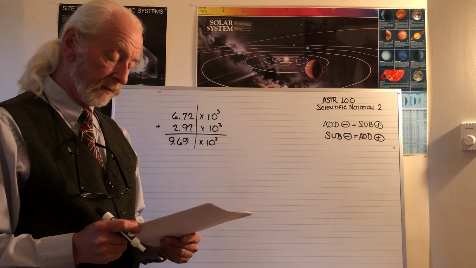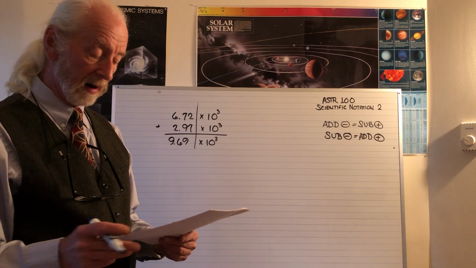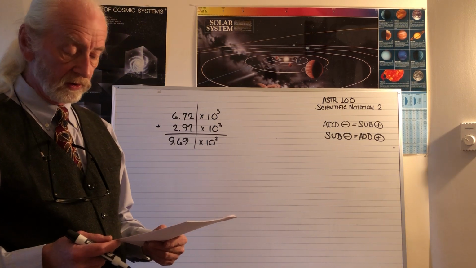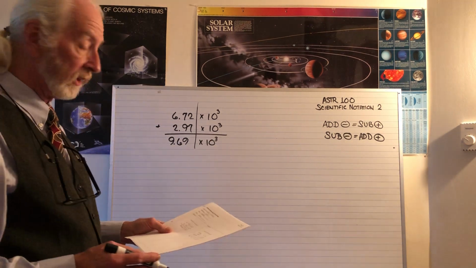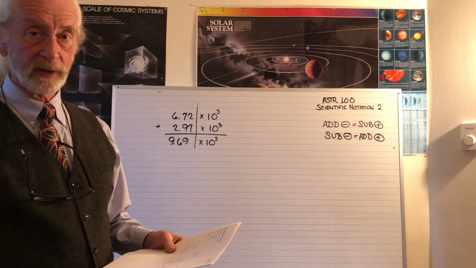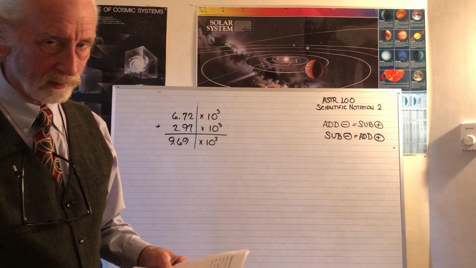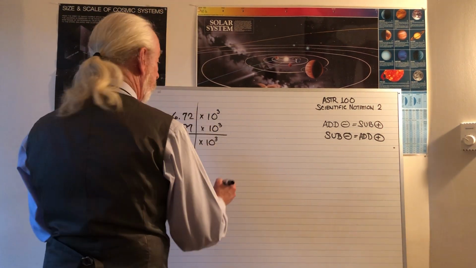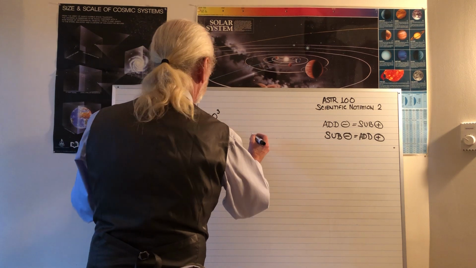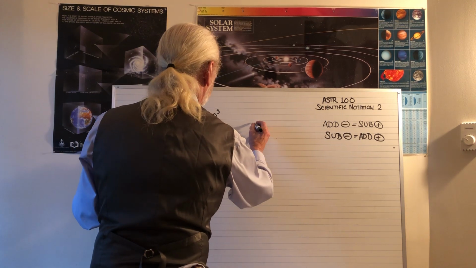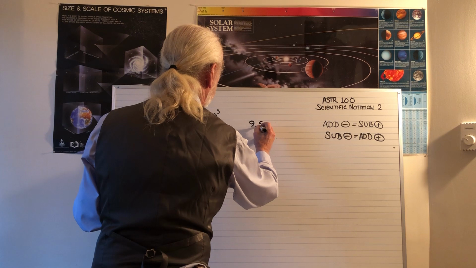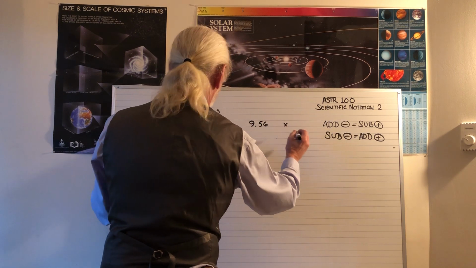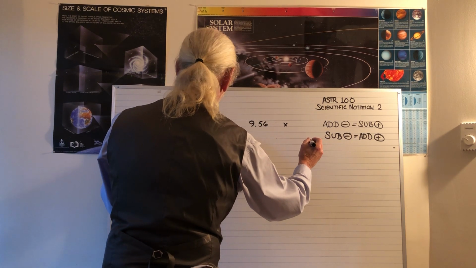We have 9.56 times 10 to the fifth minus 8.47 times 10 to the fourth. The exponents don't match. So how do we get out of this one? Well, the answer is we cheat. So let me show you how to cheat. Watch how I write this out. 9.56 times 10 to the fifth.